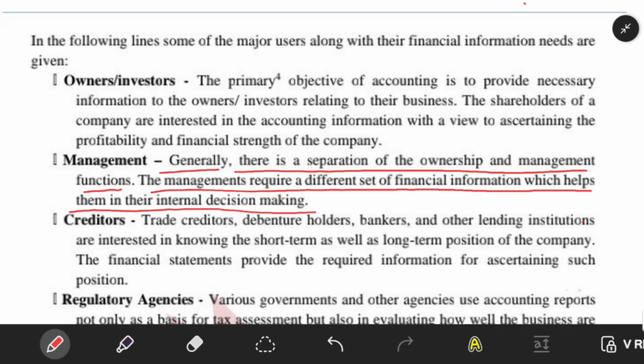Management refers to the people who are running the business, like managers, directors, etc. They need detailed internal financial information to take decisions. They use accounting to plan the business, control the cost, prepare the budget and improve efficiency. So management accounting is especially useful for this purpose because it helps in decision making.